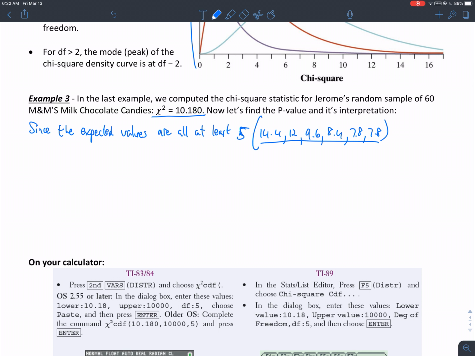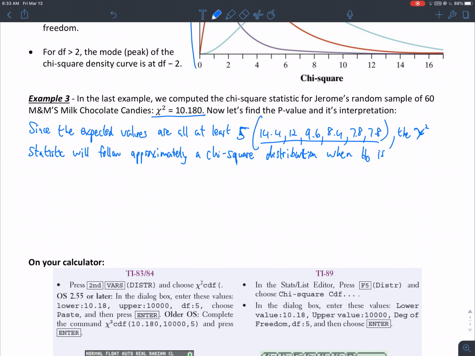Then you would say the chi-square statistic will follow approximately a chi-square distribution when the null hypothesis is true.